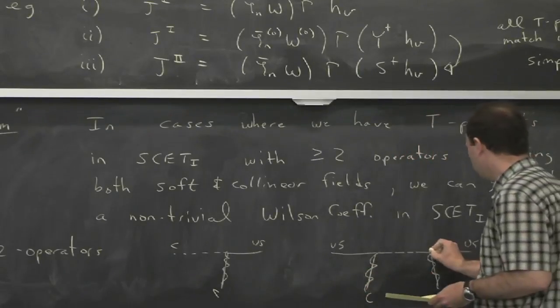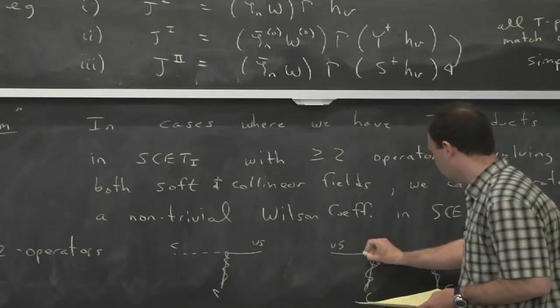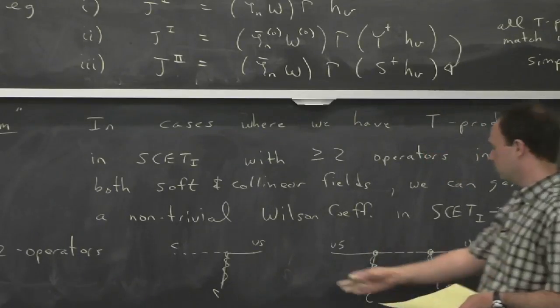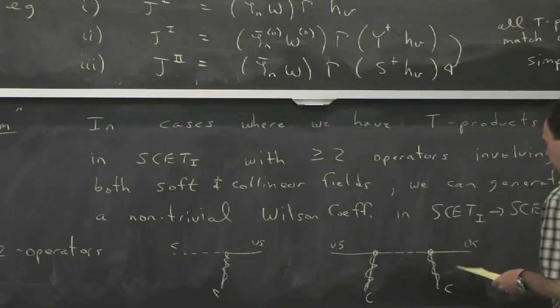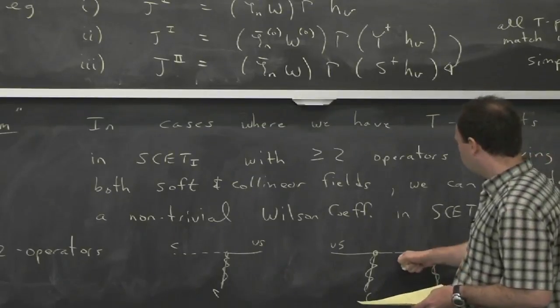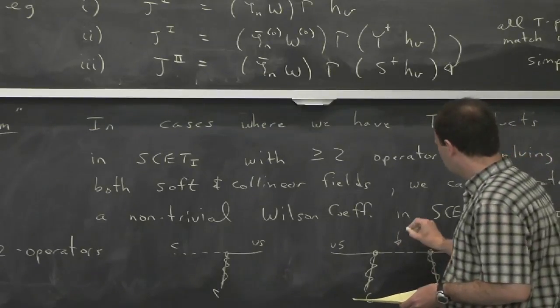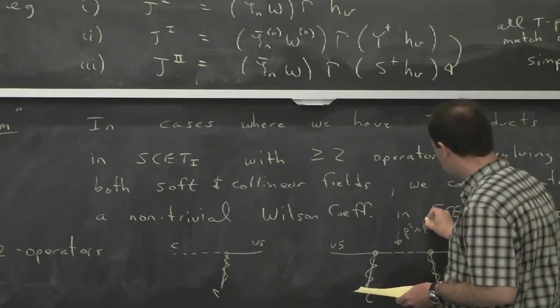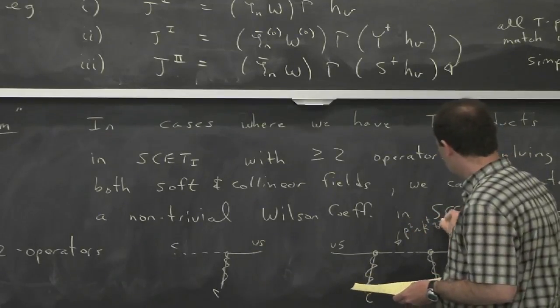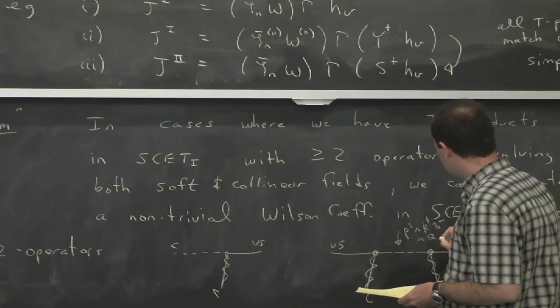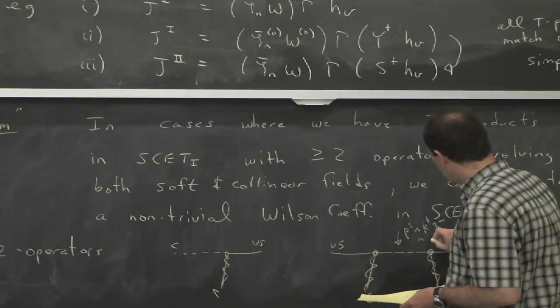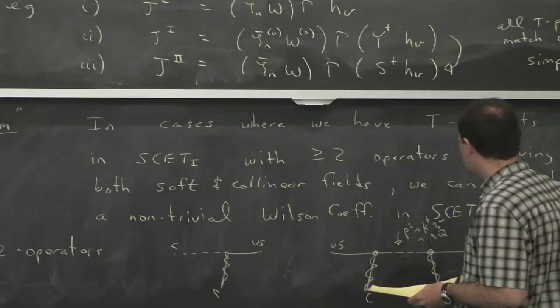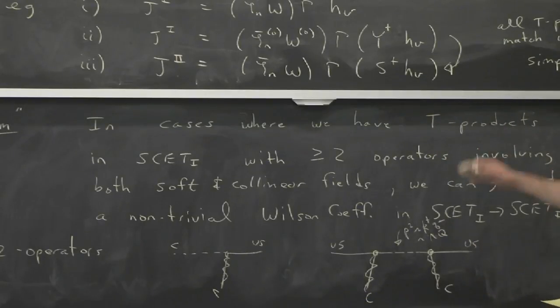So this is a T-product between 2 different interactions that both had soft and collinear. I'm just taking 2 of these and putting them together. And if you look at the off-shellness of this line here, then p squared is of order, in our accounting, k plus times q minus, which is q times lambda times q. So it's really something that lives at that hard collinear scale.